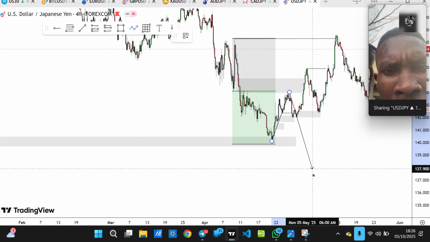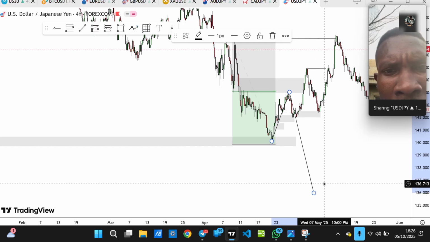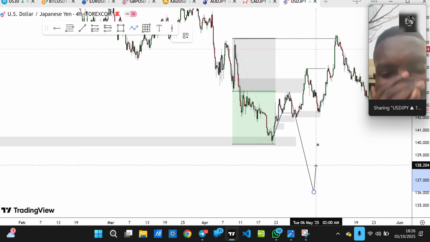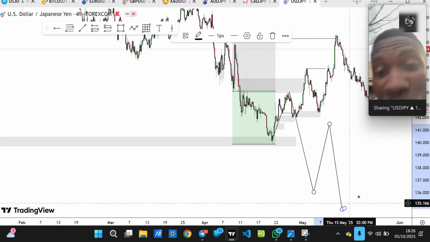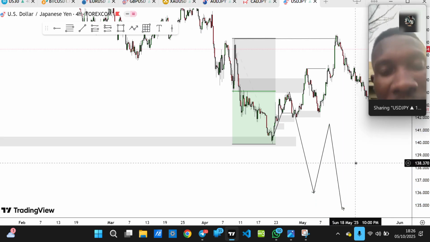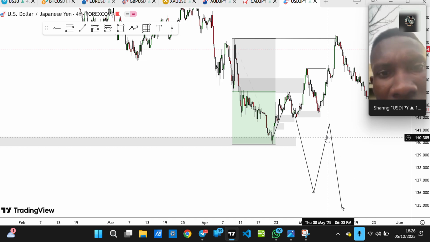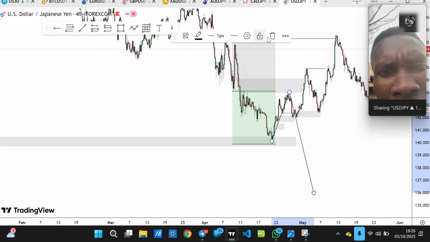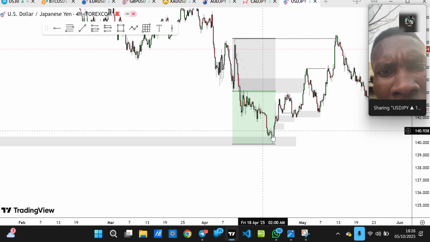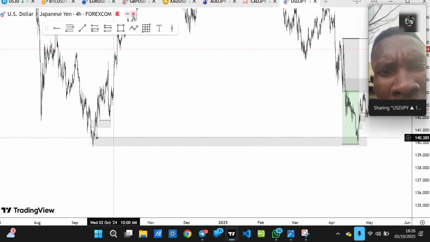Okay? So price will just continue from there, go here again, and come back down, breaking structure downward continually. But now when we see this happen, we see that price did not break structure to the downside. It just came, tapped into demand, did not take anything here, did not break this one, did not take anything.